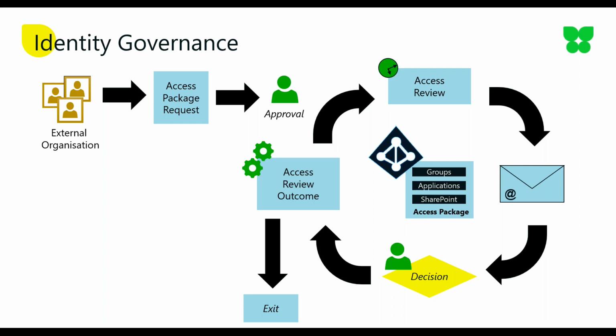You can remove them completely from the organization if they've lost access to the last access package they had, or they can go into the next cycle, the next week, month, or quarter, and so on. So managing the user lifecycle is obviously a really important benefit of using B2B to bring your external users into your organization.